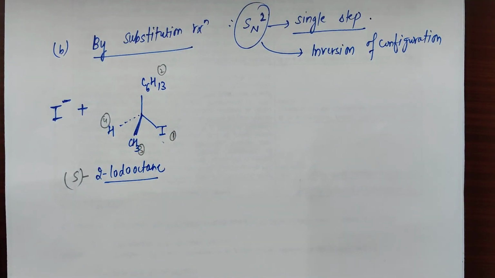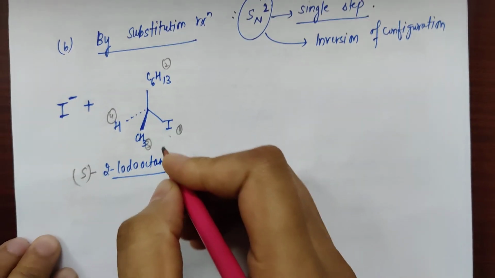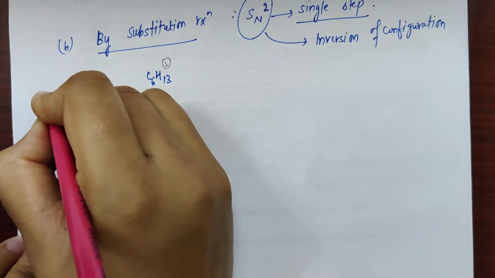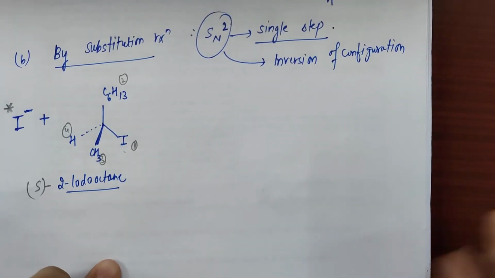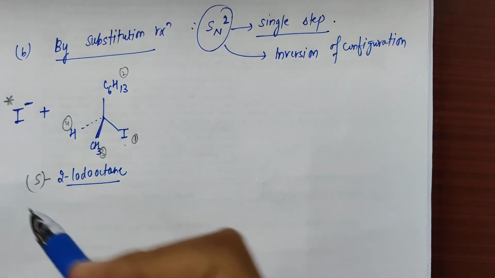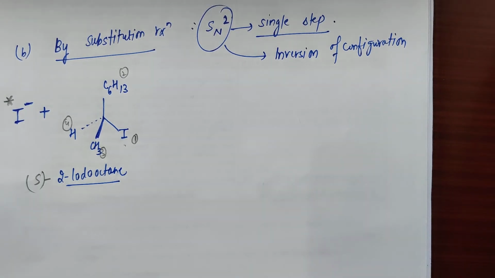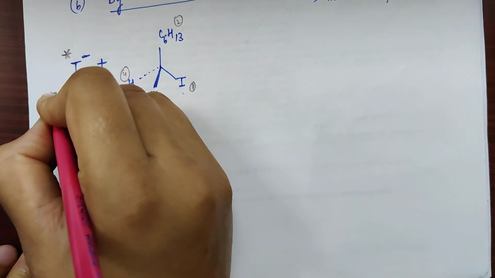It will be a single step process, so the inversion of configuration will be taking place. But for the sake of understanding, let's say we are taking this iodide as radioactive iodide.